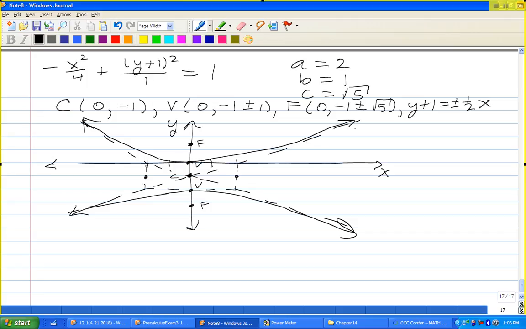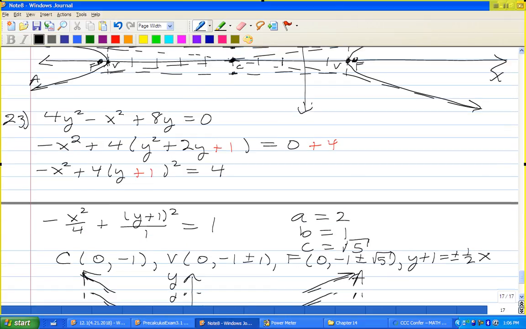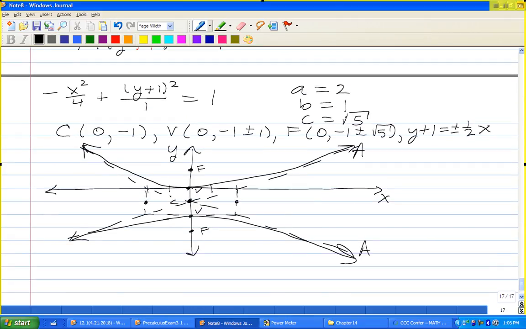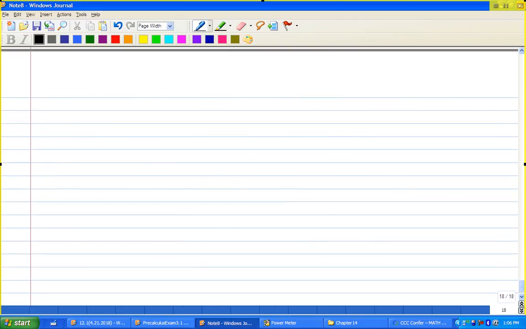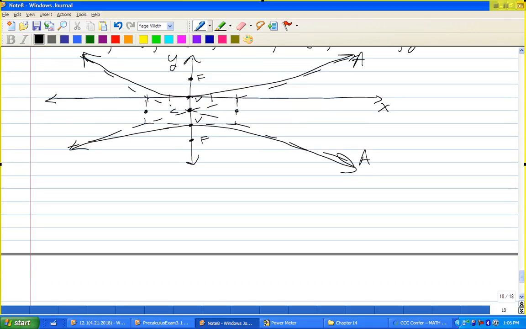Okay, and here are your asymptotes. 23, so I did 25, let's do 27. 4y squared plus 8y minus x squared plus 4x equals 4.